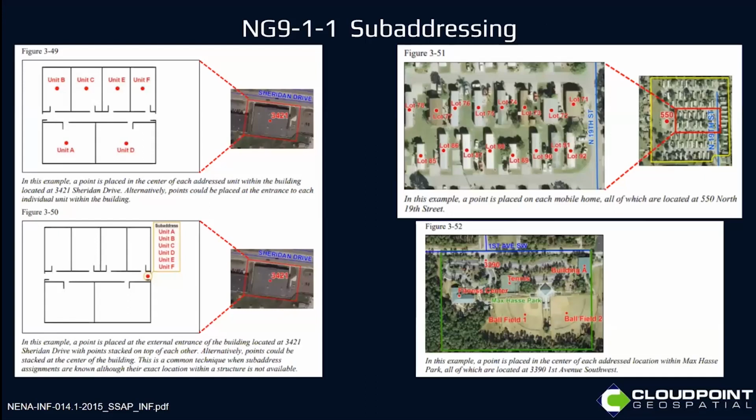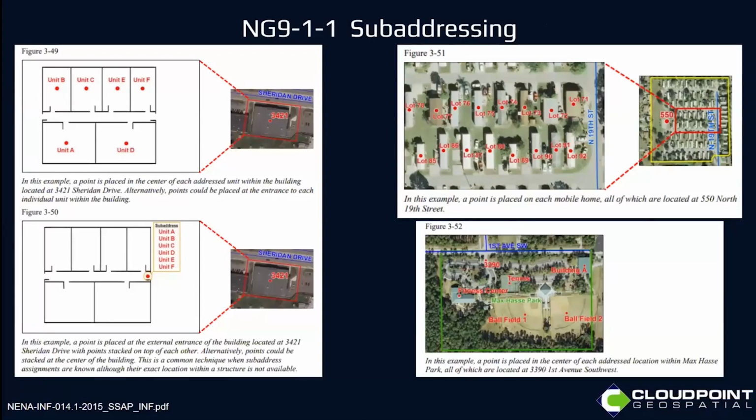Okay, so I took a few screenshots from the NENA document itself to show some methodologies and what sub addresses are. Similar to methodologies of placement for address points, we still have some methodology choices to make with sub addresses.